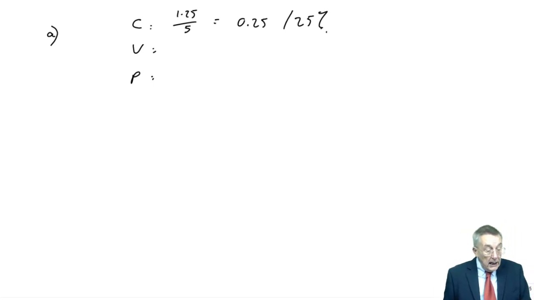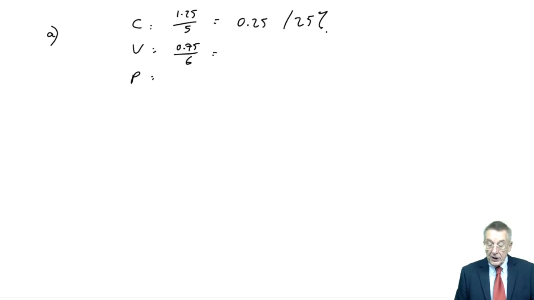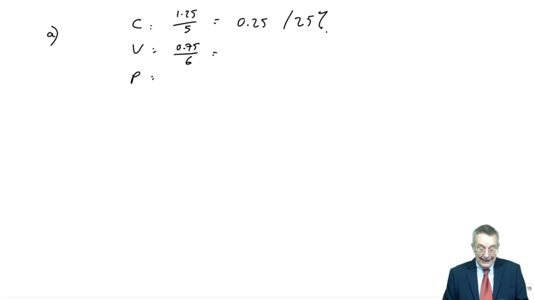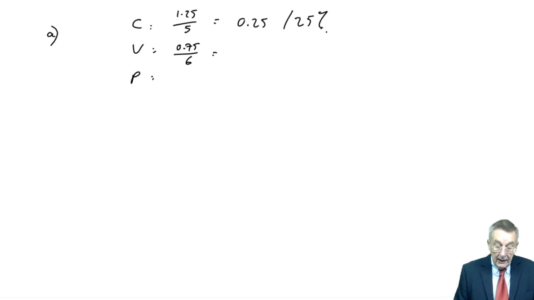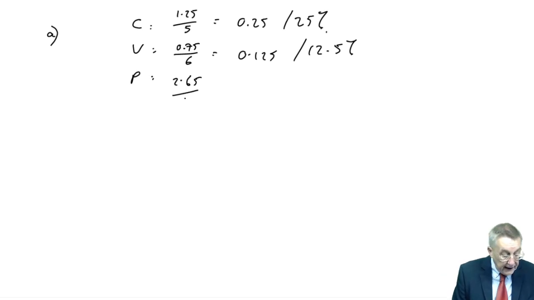For product V, contribution 75 on $6, which is 0.125 or 12.5%, doesn't matter. And finally P, 2.65 contribution, selling price 7.